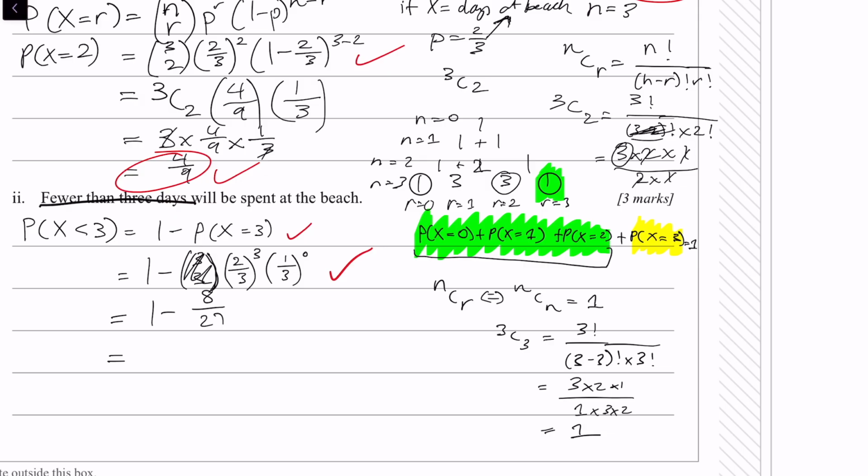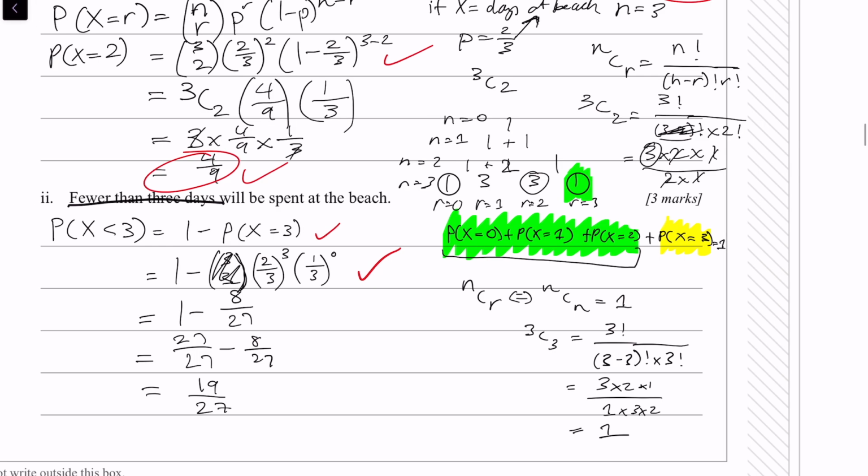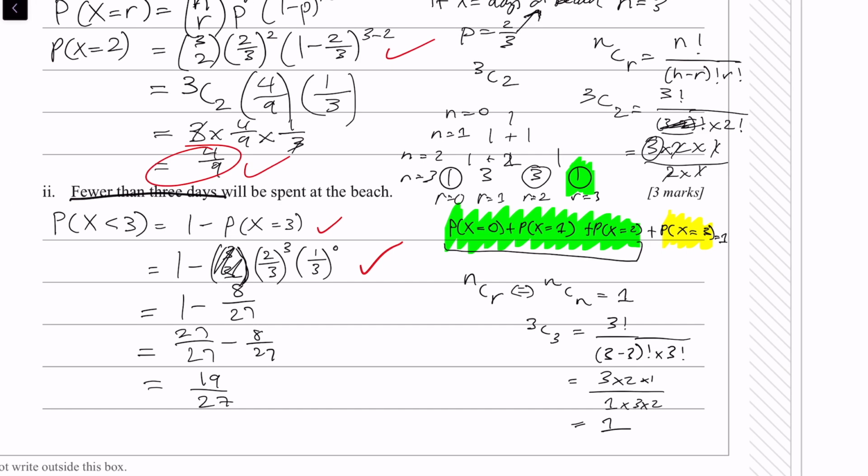So 1 whole in terms of the fraction over 27 is just 27 over 27 minus the 8 over 27, because now I have the denominators being the same, and I can take away on the numerator. So 27 minus 8 is 19 over 27. Okay, so that's our probability there.